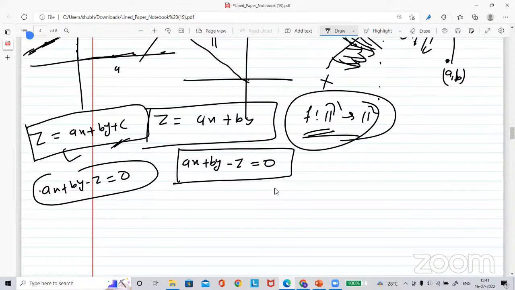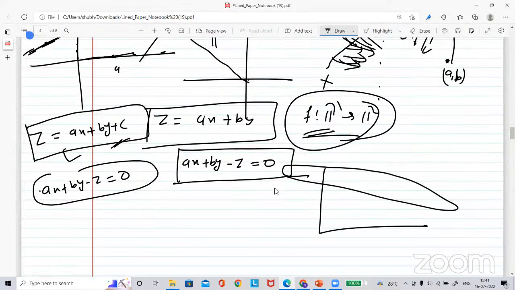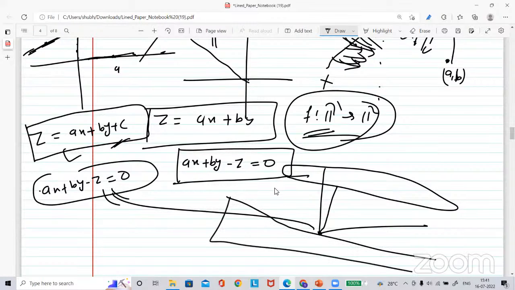If you draw this, suppose the tangent plane is this one. If you shift it this way, this is going to be your plane, and your tangent plane is a shift of this.